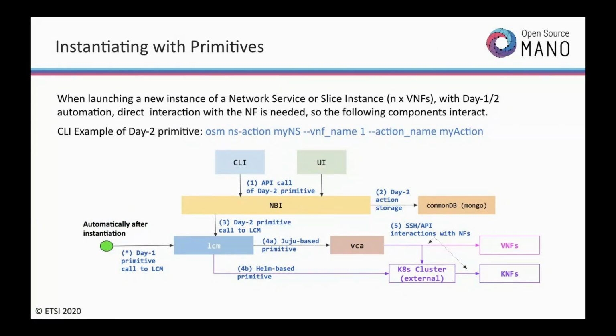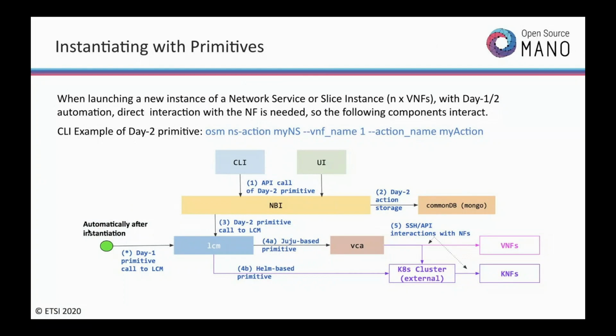So that's day 1. Day 1 are every configuration that is needed so that the network function starts with the basic configuration. And day 2 are on-demand actions that are asked by the operator to request some changes, to request maybe scaling, to request some monitoring of the network function, of the network service.